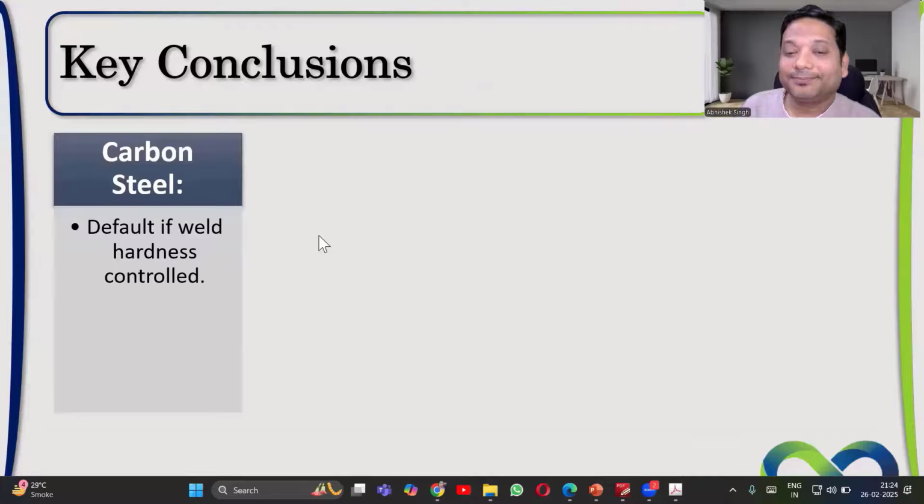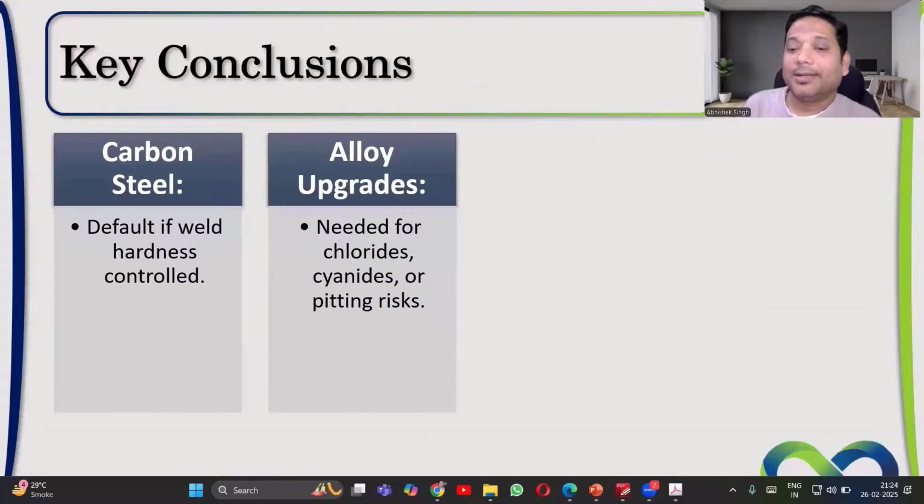Carbon steel is the default material which you can use. The only thing you have to control is the hardness, weld hardness, which you can do by post weld heat treatment. Now, if there is cyanide or a high H2S partial pressure, going more than 100 kPa, then you have to upgrade to stainless steel.